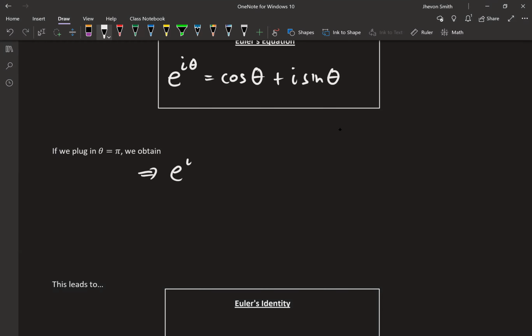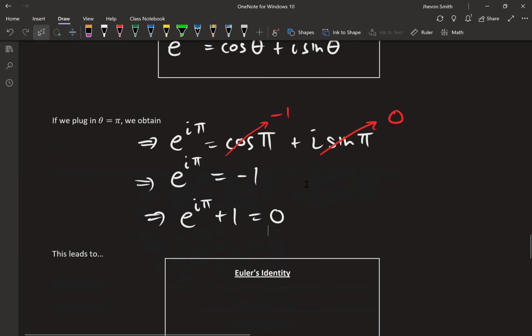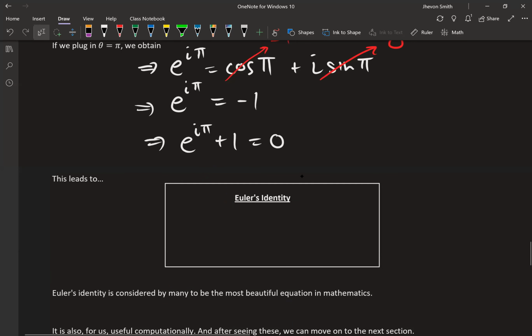We obtain e to the i pi is equal to cosine of pi plus i times sine of pi. Sine of pi, of course, you remember is 0. Cosine of pi, you remember is minus 1. So you end up with e to the i pi equals minus 1. What you can do is you can move this over. e to the i pi plus 1 equals 0. And that leads to something that's called Euler's identity. e to the i pi plus 1 equals 0.